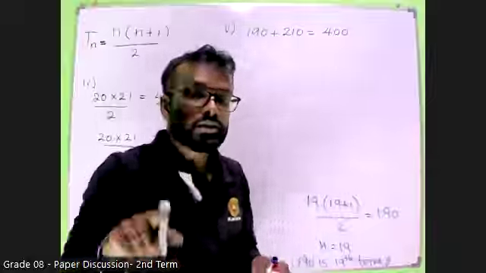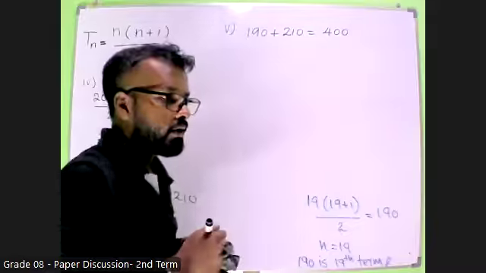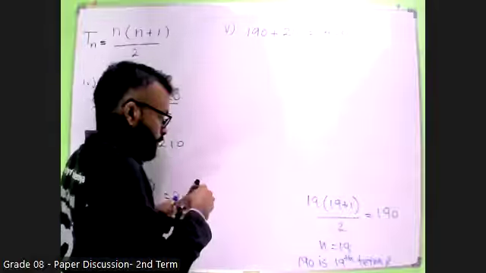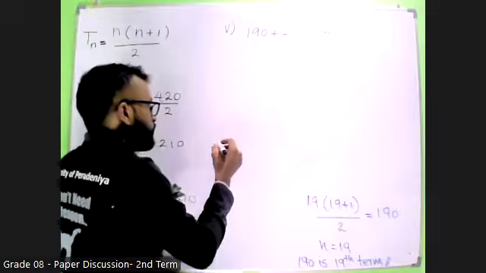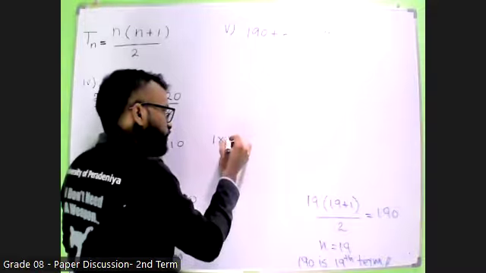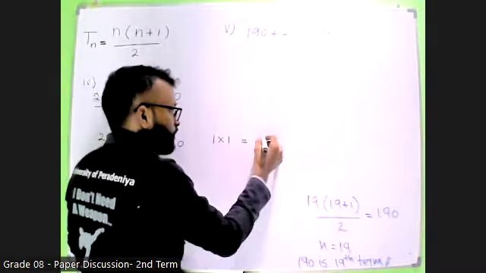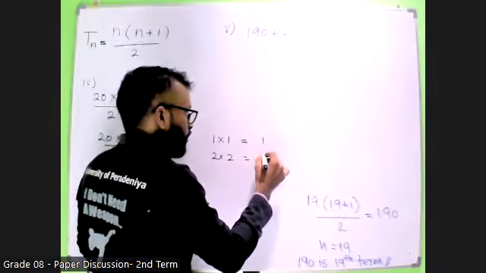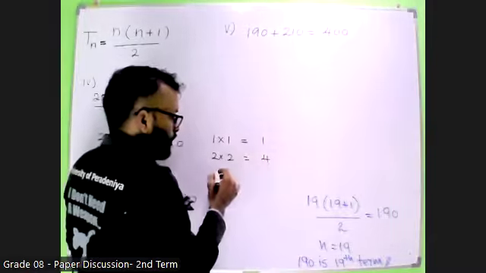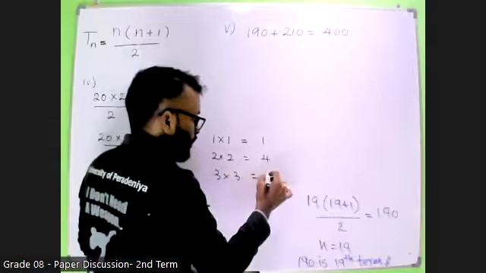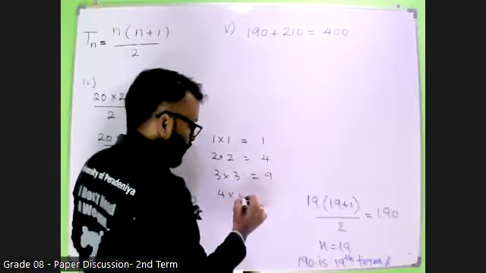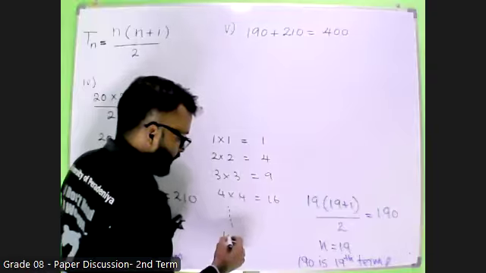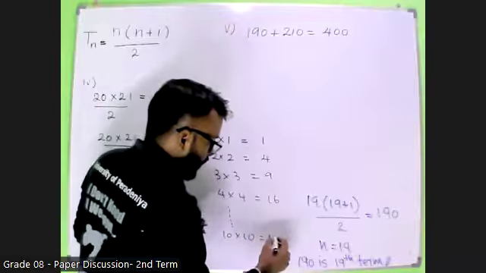What is the square number pattern? How do we obtain it? For example, I will explain. Square number pattern: 1 times 1 equals 1, 2 times 2, 4, 3 times 3, 9, 4 times 4, 16, and so on, 10 times 10, 100.